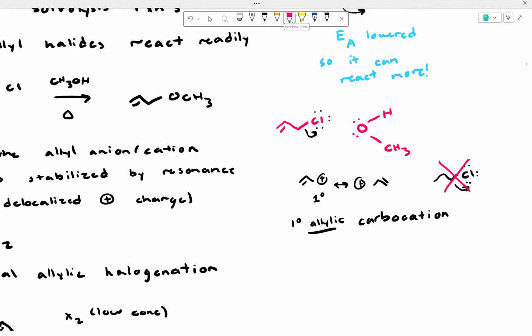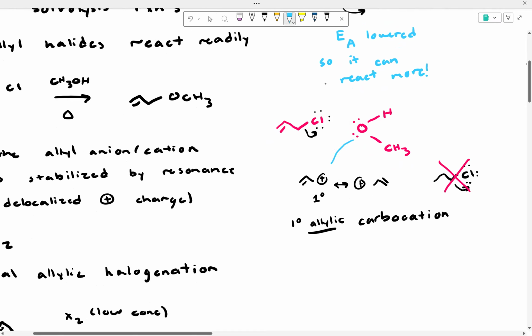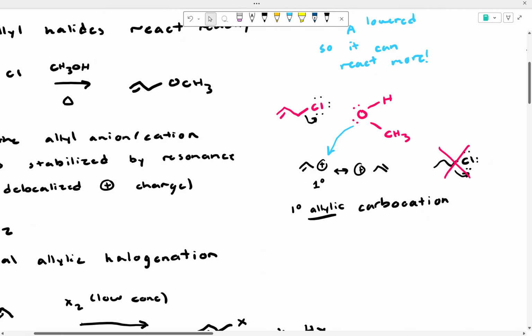So let's say that as the nucleophile it attacks this molecule. The result of that is this: O, CH3 and H.